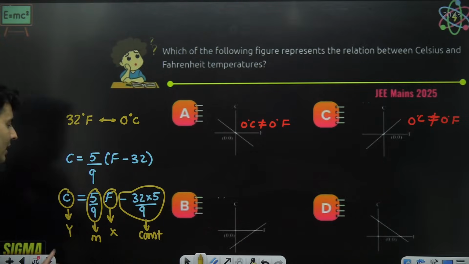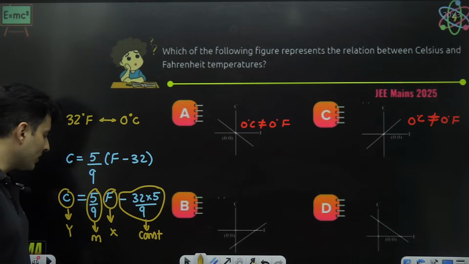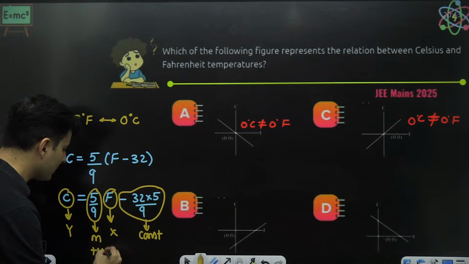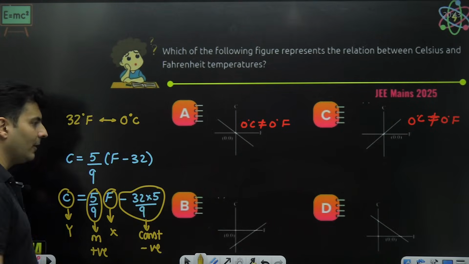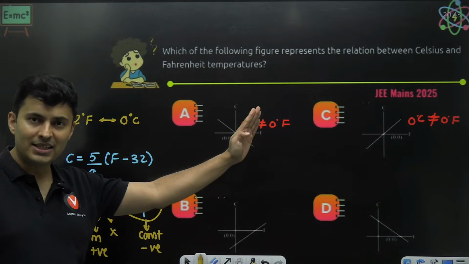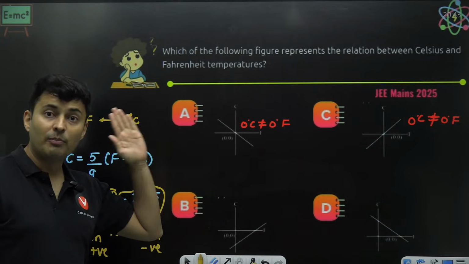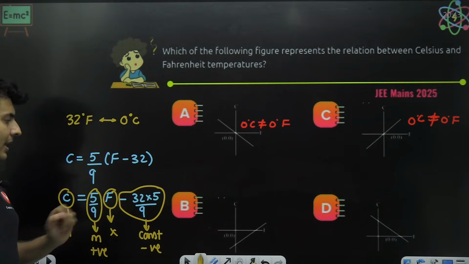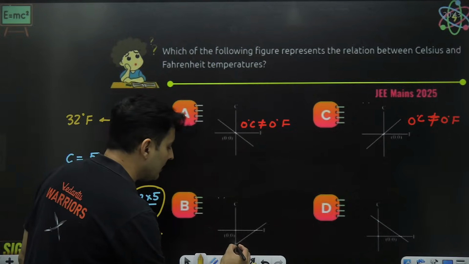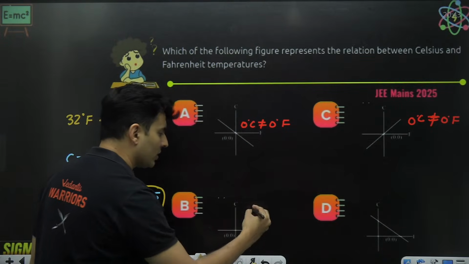You can see it is an equation of a straight line with a positive slope. So m is positive and the constant is negative. So the graph should be upwards. Celsius versus Fahrenheit should be upwards with a positive slope and a negative intercept. You can clearly see negative intercept and a positive slope.